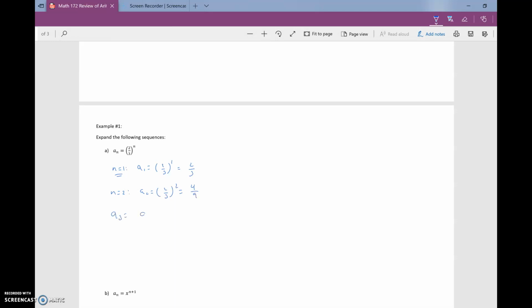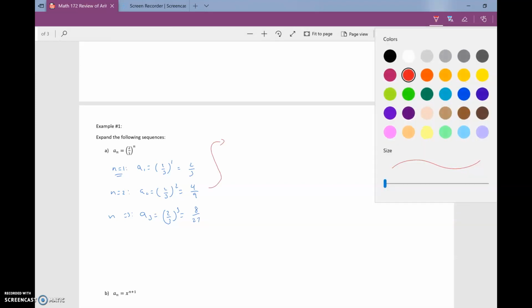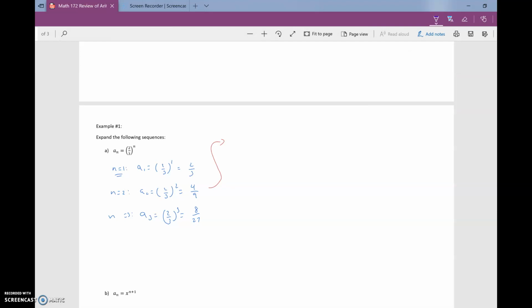A sub 3, this is supposed to be n is equal to 3. So 2/3 to the third, that would be 8/27. And then in this case, the expansion can be expressed in the following form.